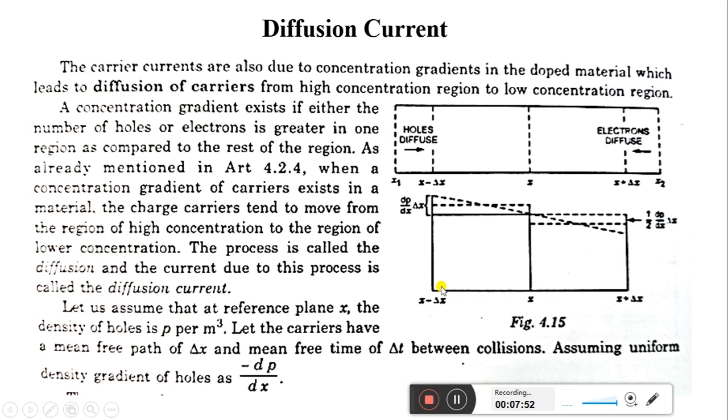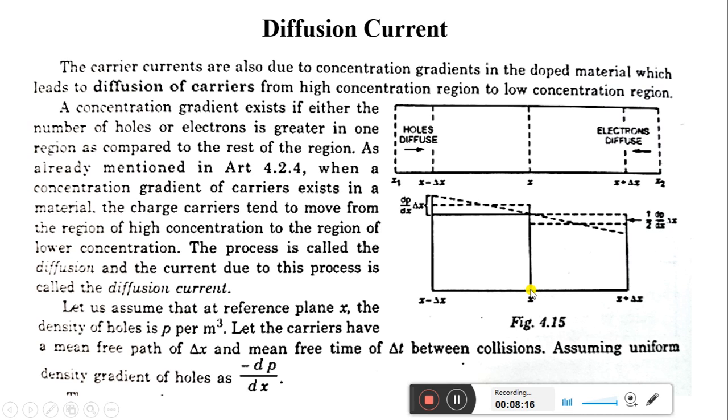It means the density of holes will decrease slowly this side and will increase slowly this side. That's why we have written x minus delta x this side, and where the density will increase we have written x plus delta x this side, and in the center we have x.